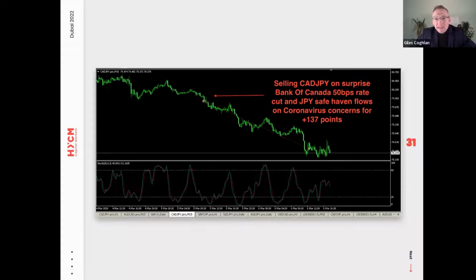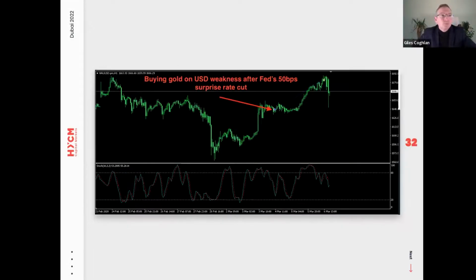The reason I traded it against the yen is because the yen during that time was tending to gain on safe haven flows. So remember, one was strong, the Canadian dollar, one was weak, the Japanese yen. So I'm pairing weakness against strength, and you can see how the chart just moves one way. As a professional trader, that's what I want. I want to see price just move one way, and those kind of environments happen.